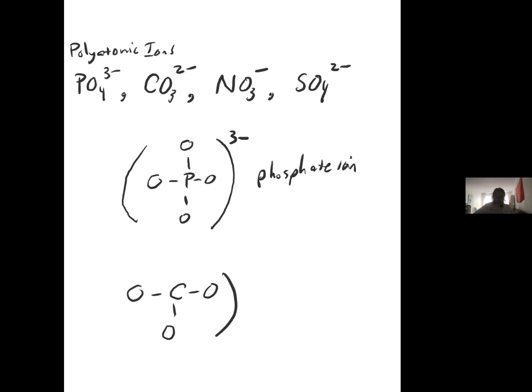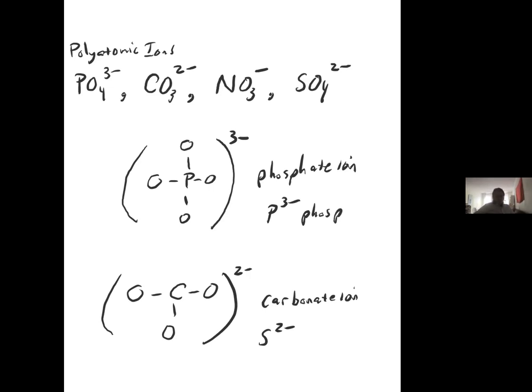What's interesting about them is that they act as individual particles. They act just like a sulfide ion. This one right here is not all that different from this. It behaves just like one atom with an ion. This one kind of behaves like a phosphide ion. So this is called phosphide.